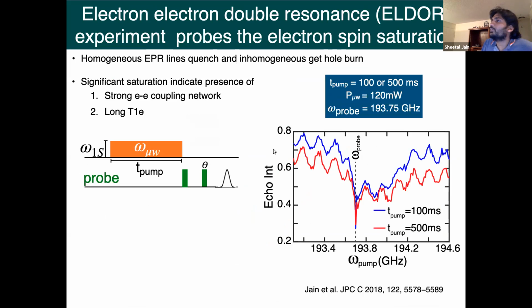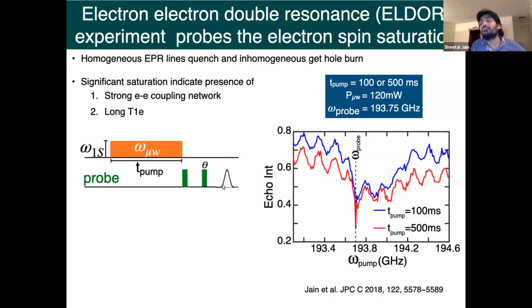In this experiment, the basic idea is we irradiate the sample at one frequency while detecting the echo at another frequency. We vary the pump frequency, the frequency at which we irradiate, while detecting at a single probe frequency.